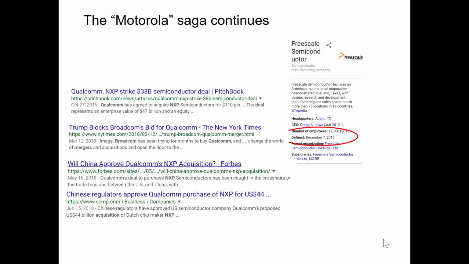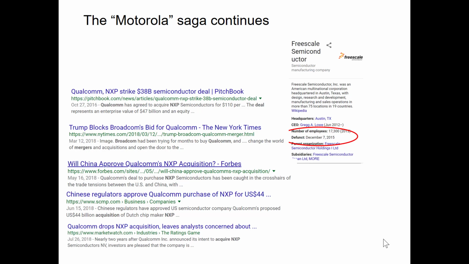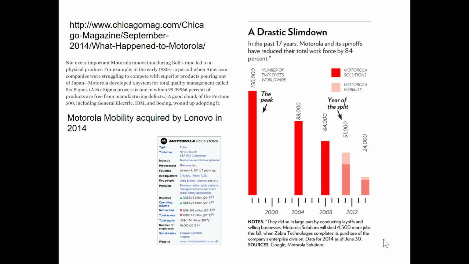That's not very long ago, is it? July, a little less than 2 months ago. And then on July 26th, the whole thing fell through. Qualcomm drops the NXP acquisition, and I don't know where things are heading right now. And this is less than a month ago. So the saga of what happened to Motorola and where those people are at continues to change.